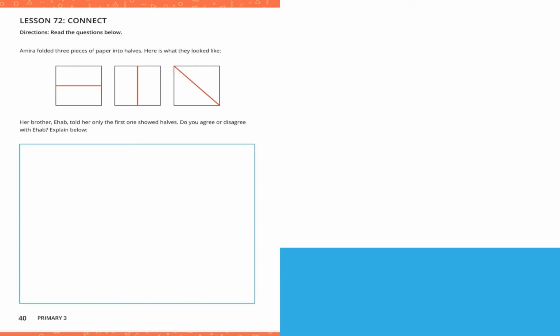Do I have the first piece only divided into halves, and these are not halves? No, I disagree, because all of these papers are cut into 2 equal parts. All of them are 2 equal parts.